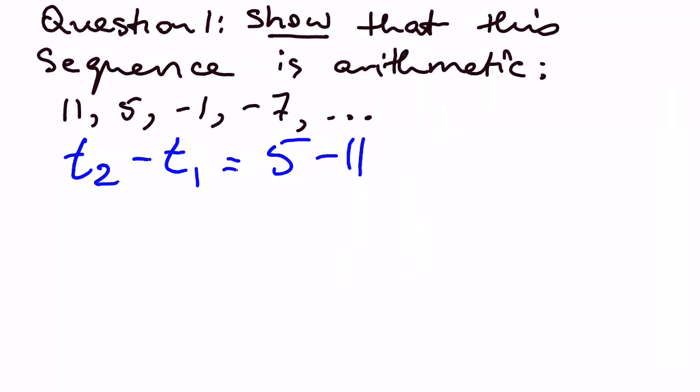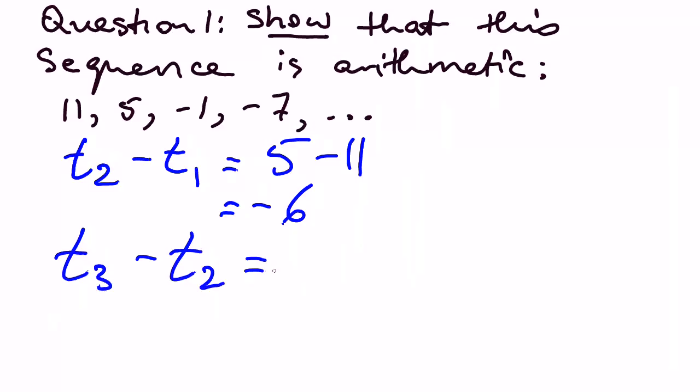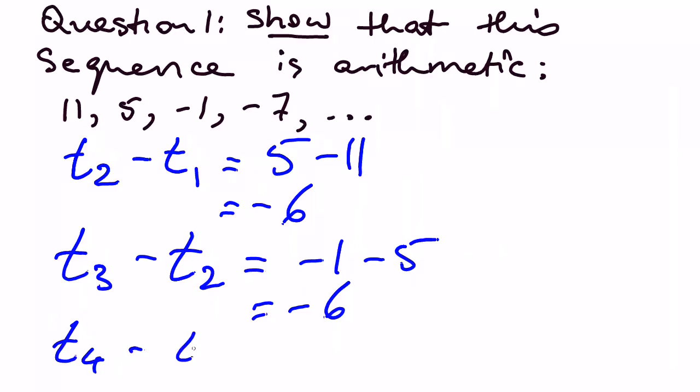T2 minus T1, which is negative 6. What do I get when I get T3 minus T2? Well, that is negative 1 minus 5, which again is negative 6. What about when I get T4 minus T3? That is negative 7, careful here, minus negative 1, which is the same as negative 7 plus 1, negative 6.